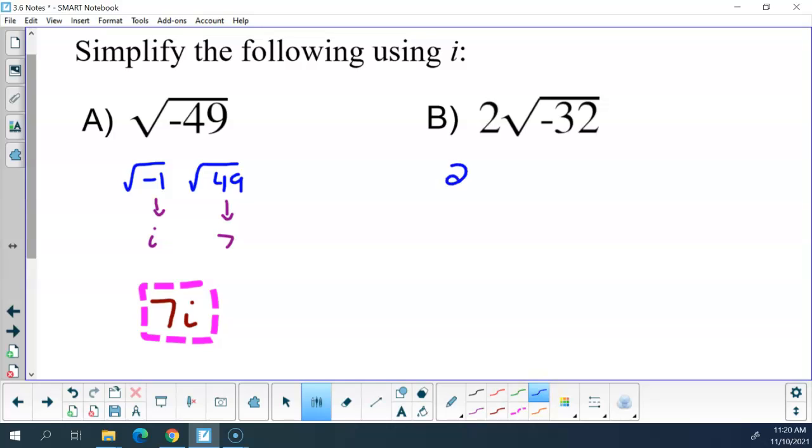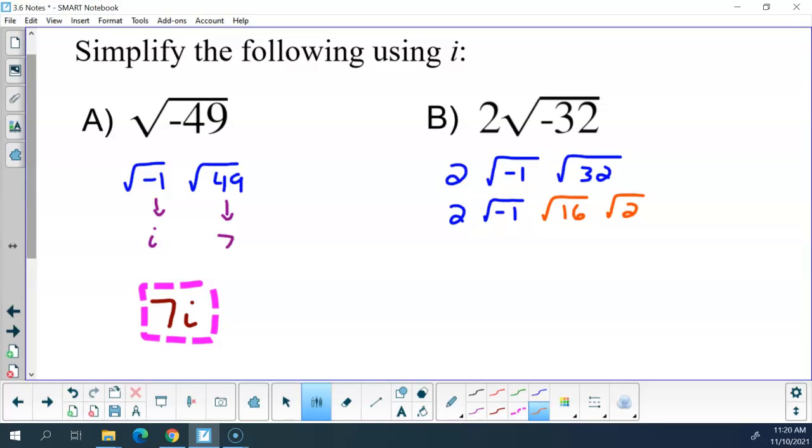2 times the square root of -1 times the square root of 32. So that's going to be 2 times the square root of -1 times the square root of 16 times the square root of 2. Because 32 is 16 times 2, and 16 is a bigger perfect square than 4.